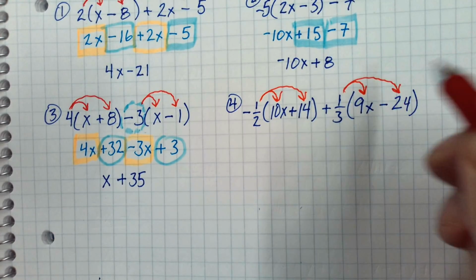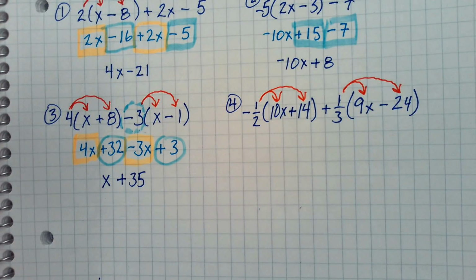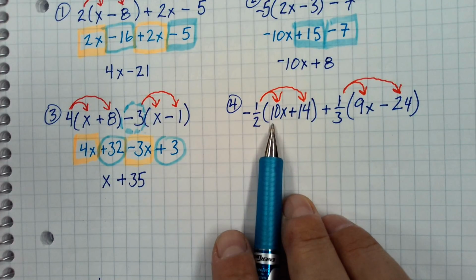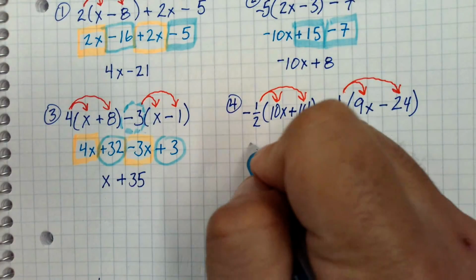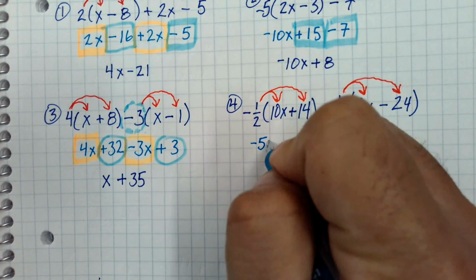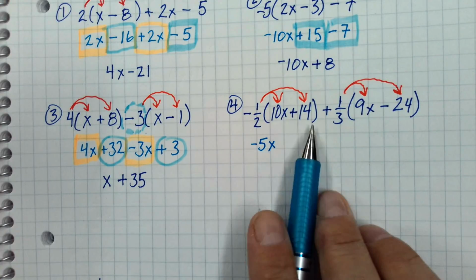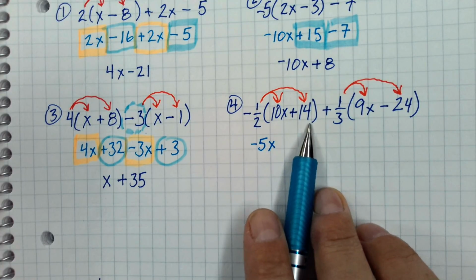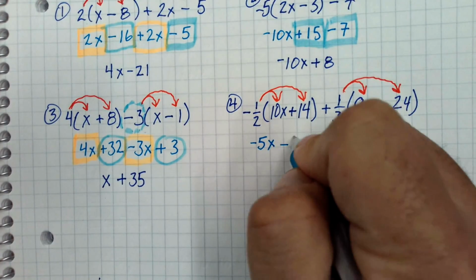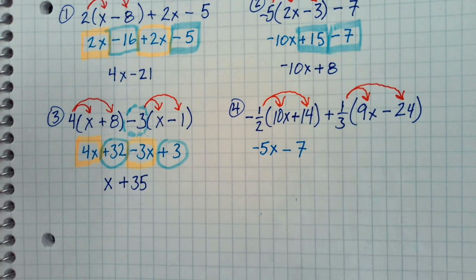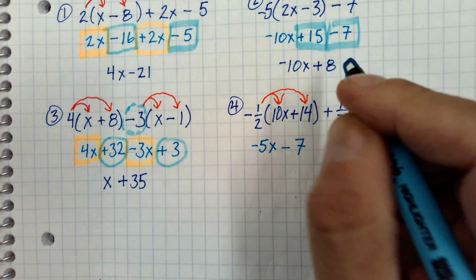Let's see. Well, we want negative 1/2 times 10x. What's half of 10? 5. So negative 5x. Negative 1/2 times 14. Negative 7. Same thing over here. This time we're distributing a positive 1/3.